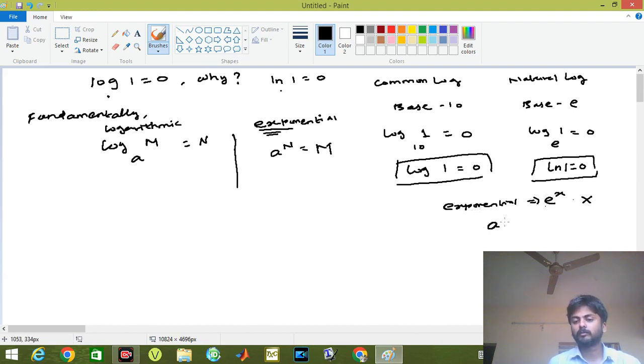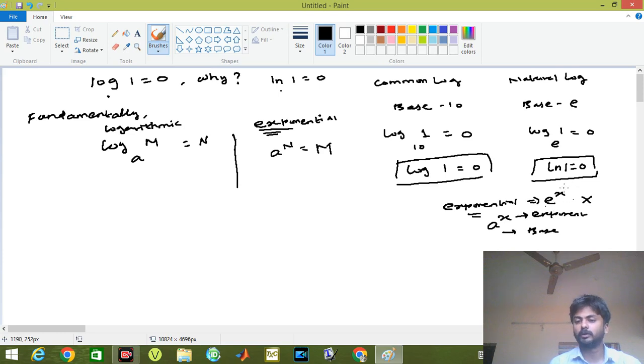Whenever you are having a variable in the power of any constant, then the function will be called an exponential function. Because what is exponent? This x is the exponent, and this a is the base.